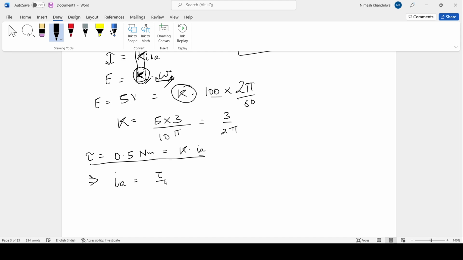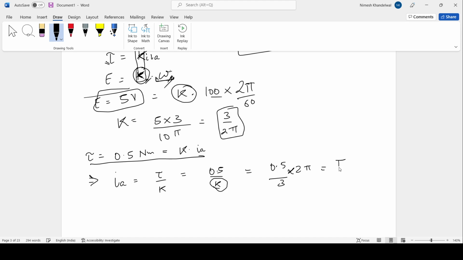It should be the required torque divided by K, that is 0.5 divided by K. We have already calculated this K using our back EMF measurements, and that is 3 over 2 pi. So we just put that here, 3 over 2 pi. So what we get here is pi by 3.